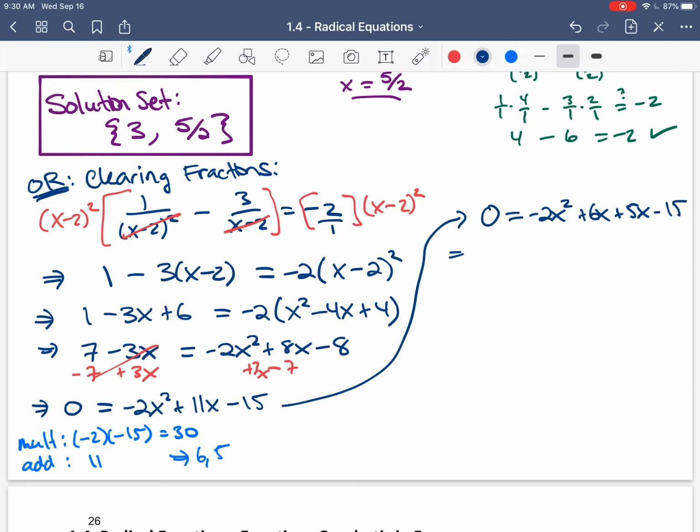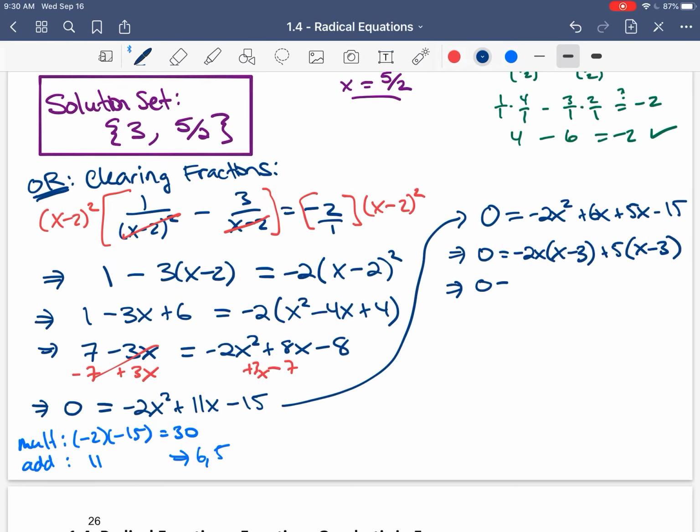And then we do factor by grouping. So I'm going to pull out negative 2x, so then I have x minus 3. And here I can pull out a 5, so then I have x minus 3.